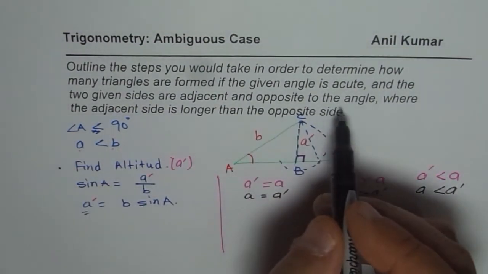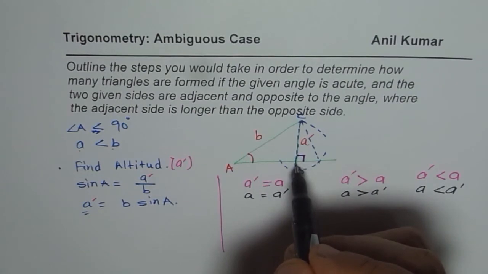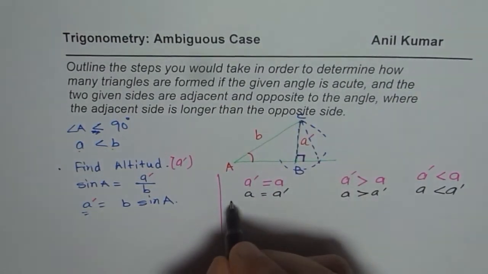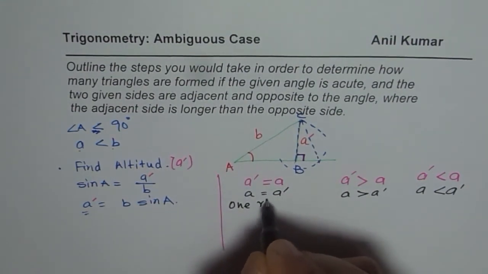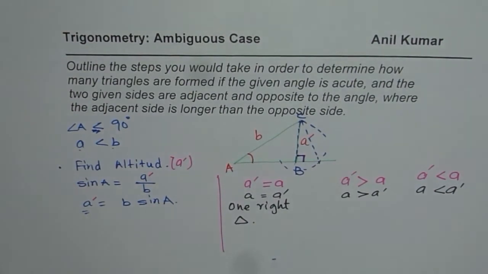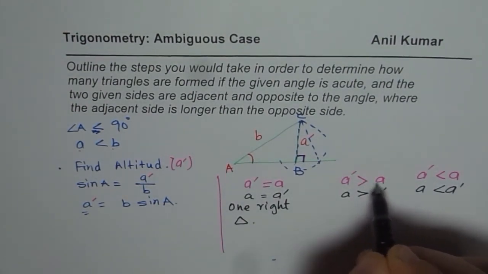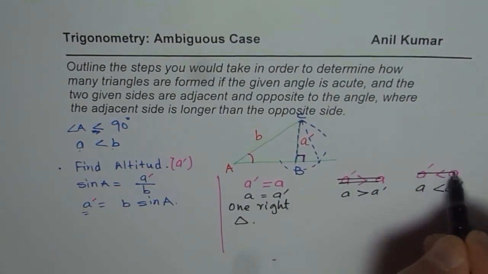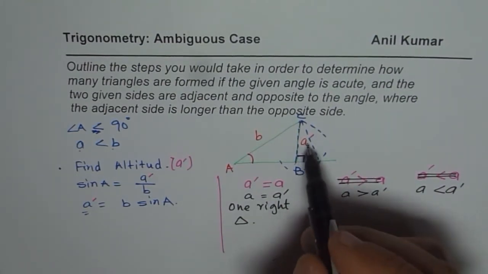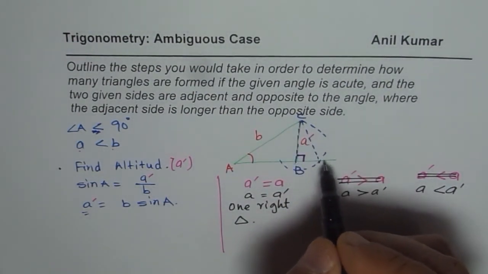So let's use this. If a equals a dash, that is, if the smaller side given to you, opposite to A, is the same as the altitude of the triangle, in that case you make one right triangle. If the smaller side is greater than the altitude, then we can make two triangles.